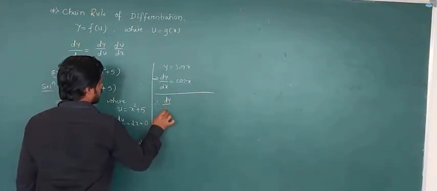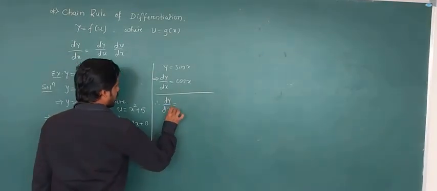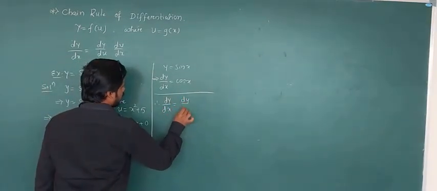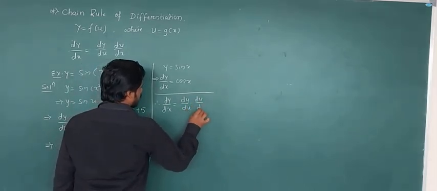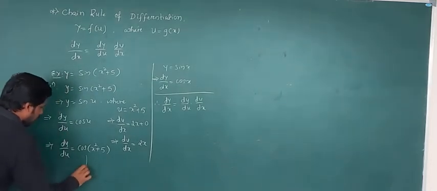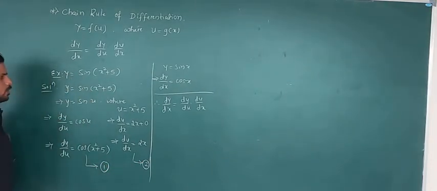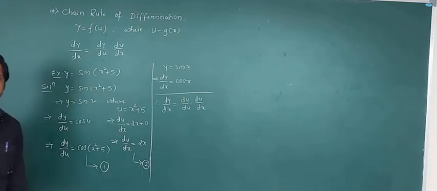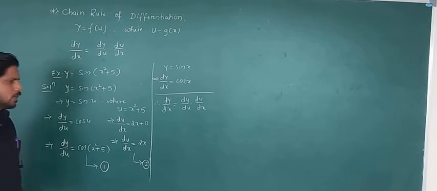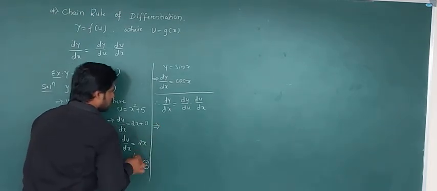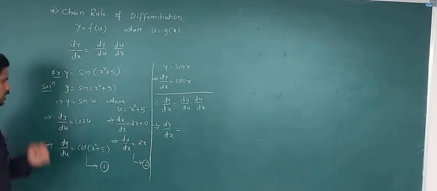as we know by the chain rule definition, dy by dx is equal to dy by du into du by dx. Here we have the dy by du value and the du by dx value. Substitute here, and we get the solution of the given function y equal to sine of x square plus 5. So dy by dx is equal to dy by du.